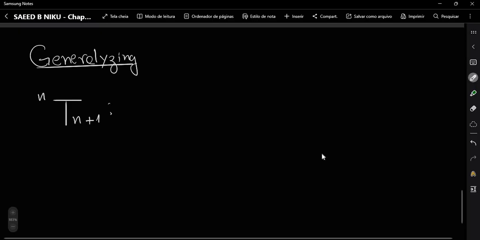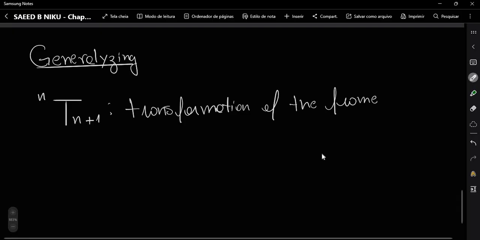And first, let's learn how to read this. It is a transformation of the frame n plus 1 in relation to the frame n.